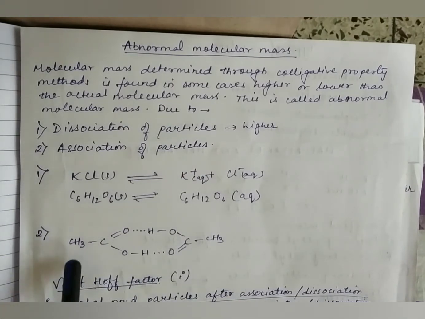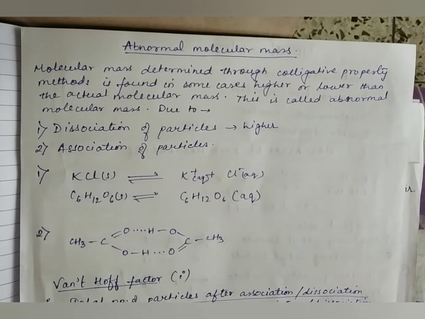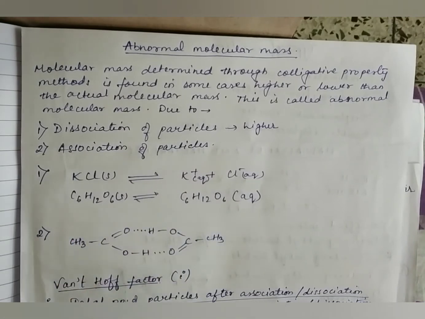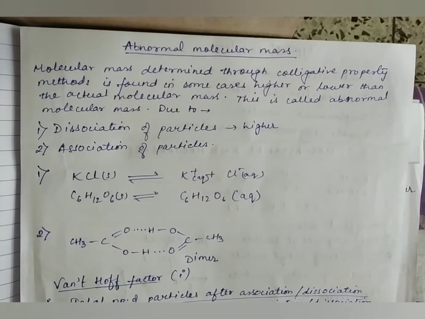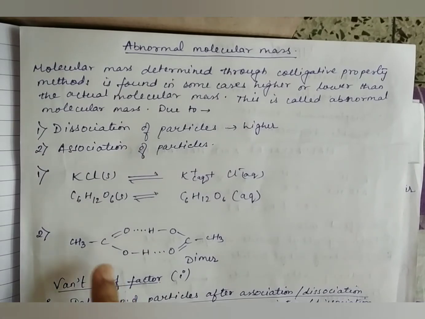Whereas in case of association of particles, the number of particles decreases. For example, if we add 1 mole of acetic acid in water, after going into the solution, it forms hydrogen bonding like this and forms this dimer. So now the net amount of solute particles present in the solution becomes 0.5 moles.